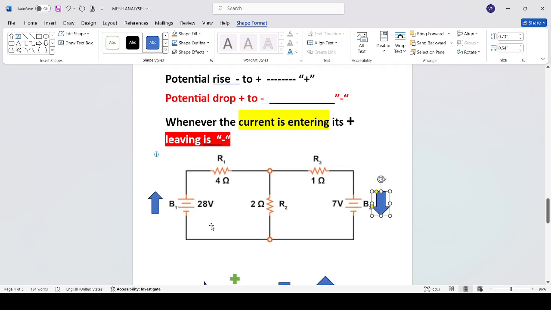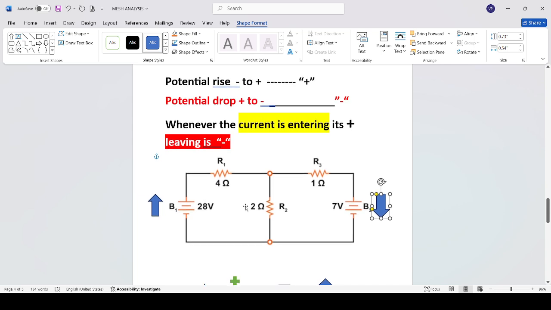For example, if you take this circuit, the current is starting from B1. First I will mention the current I1.